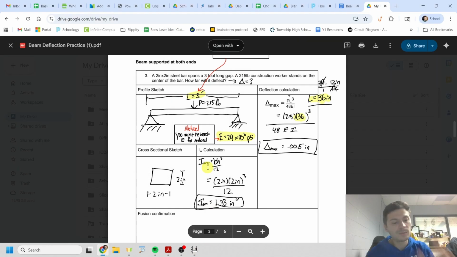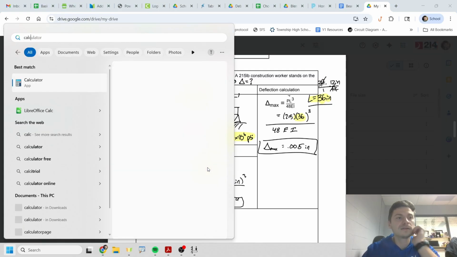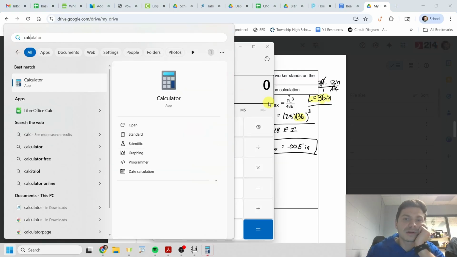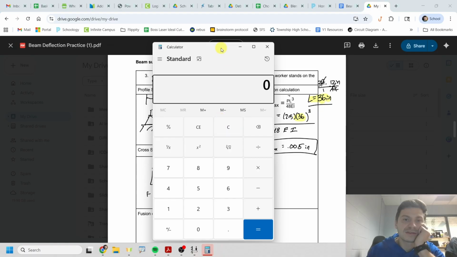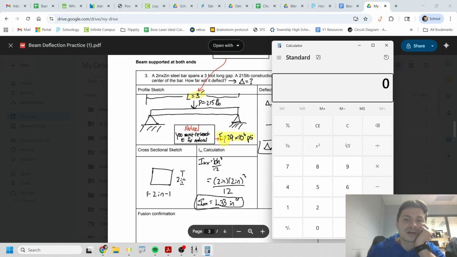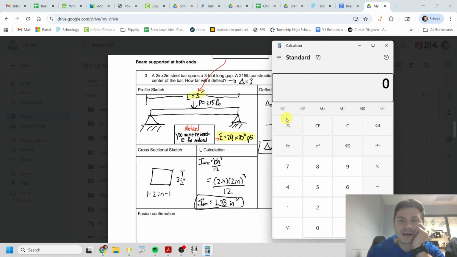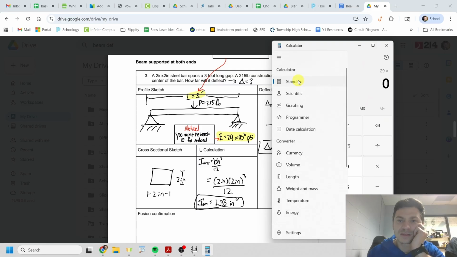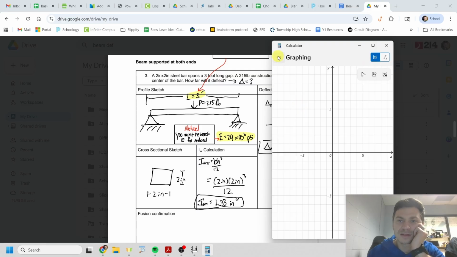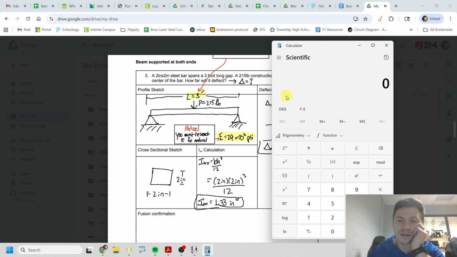I'm going to pull up just my computer's calculator here. This is a standard calculator, so it's going to be a little awkward, but we'll make it work. 29 times 10, I don't even know how you do to the 6th power on this calculator. Is there a way to make this scientific?